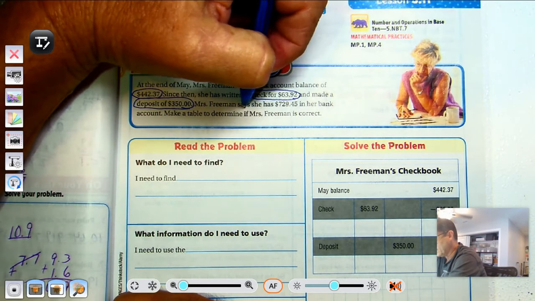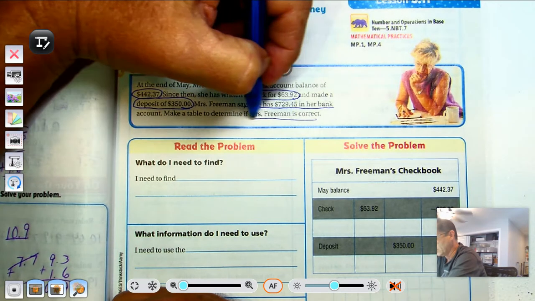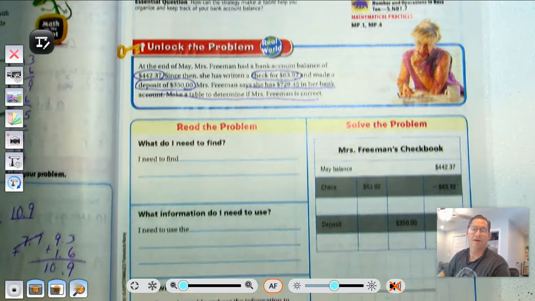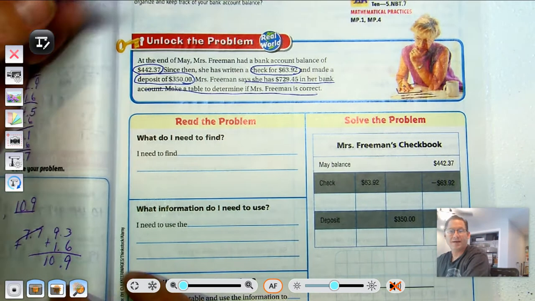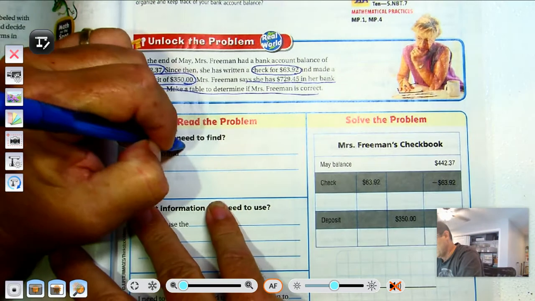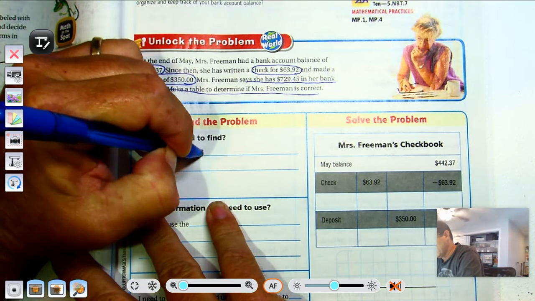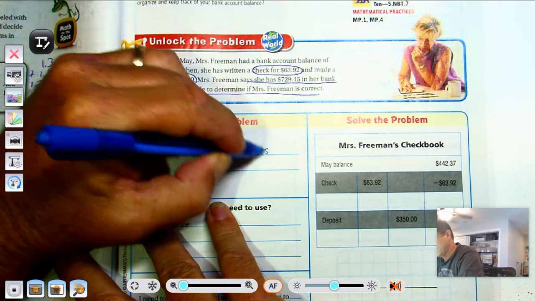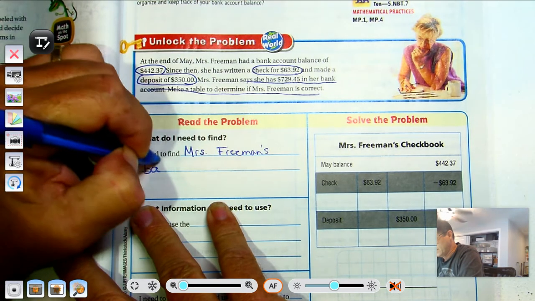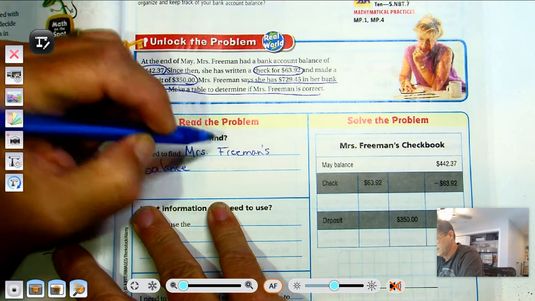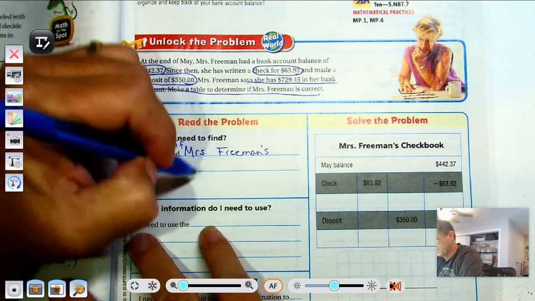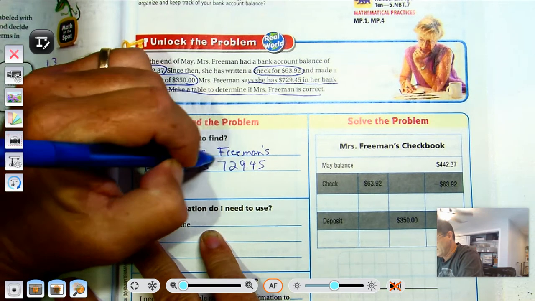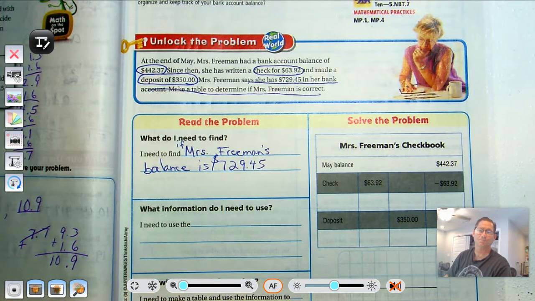All right. So we need to know if $729 is the true account balance. So what do I need to find? I need to find out if Mrs. Freeman's balance is $729.45.